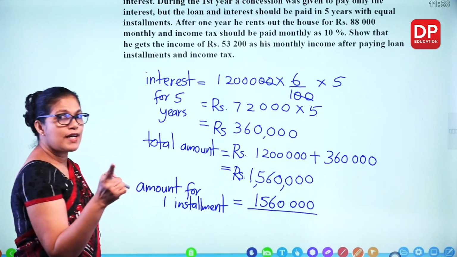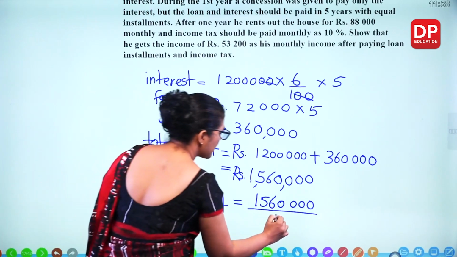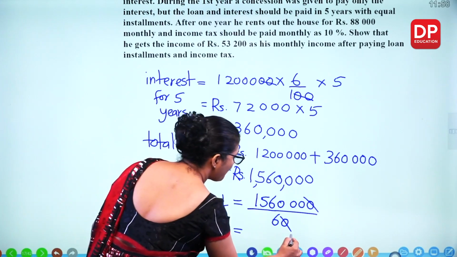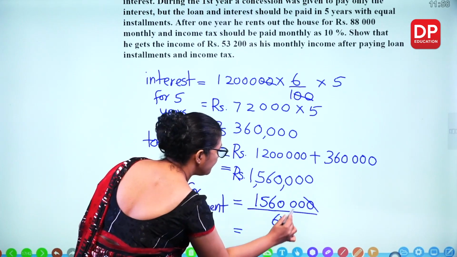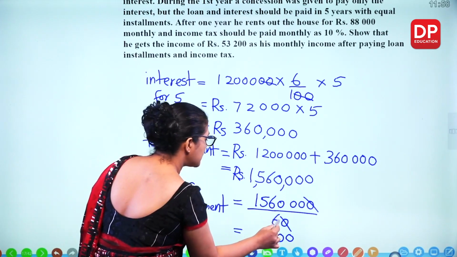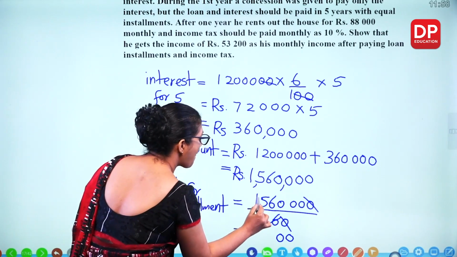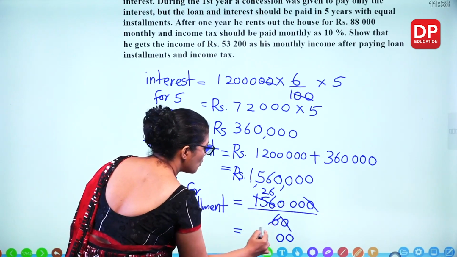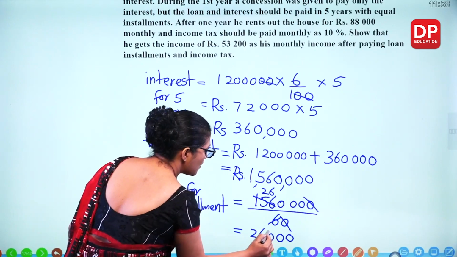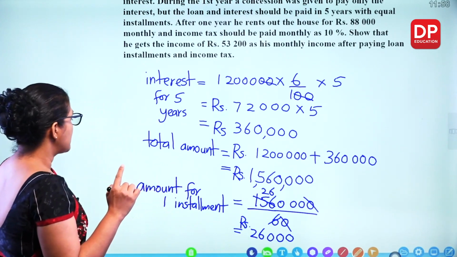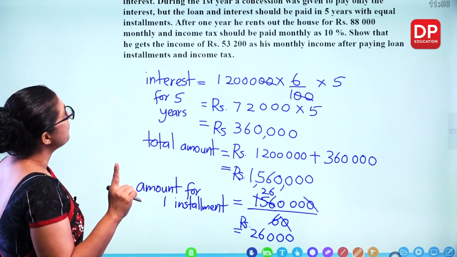Because 5 years, 5 times 12. That's 60. What's the amount? Here 60. 6 times 2, 12, 36, 6. So 26 with 3 zeros. 26,000 rupees per one installment.